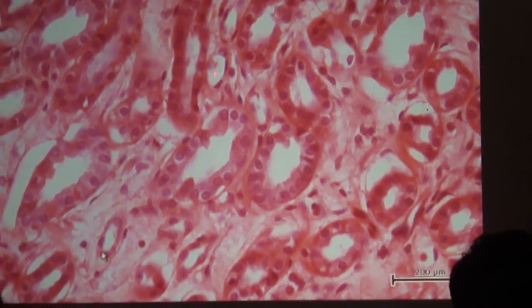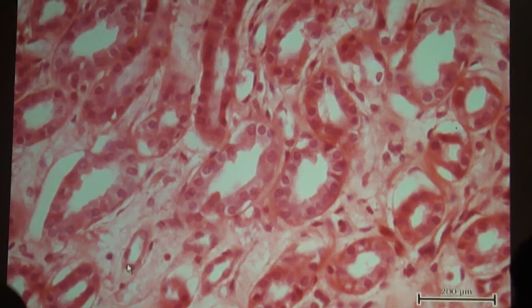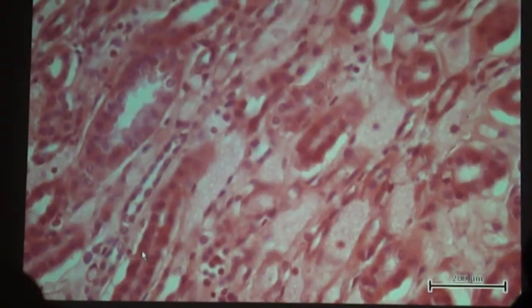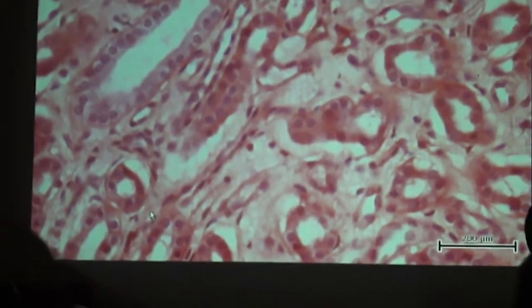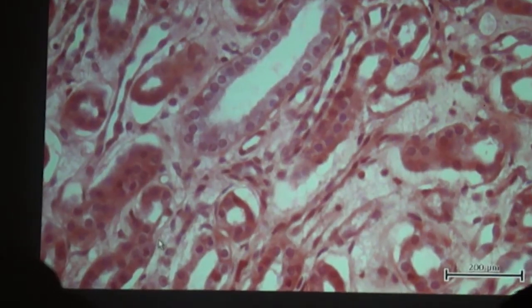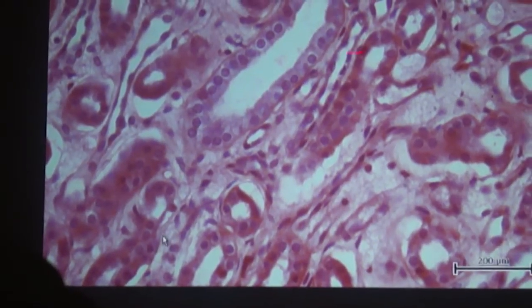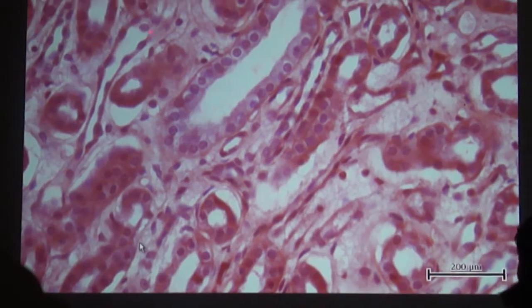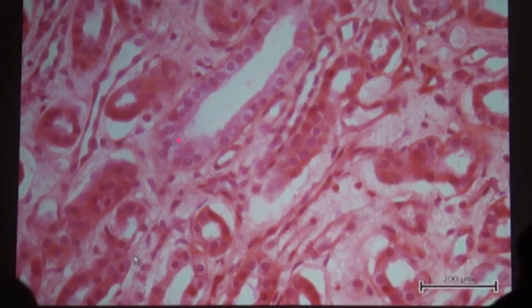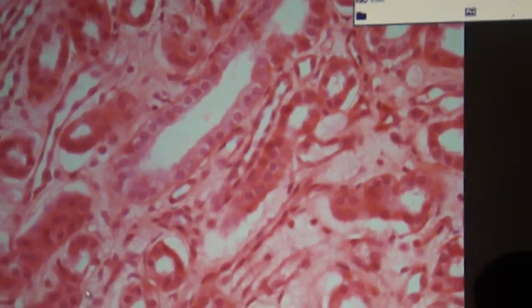Another capillary containing a blood cell. There. So, thin segment, thick segment, and then the collecting duct.